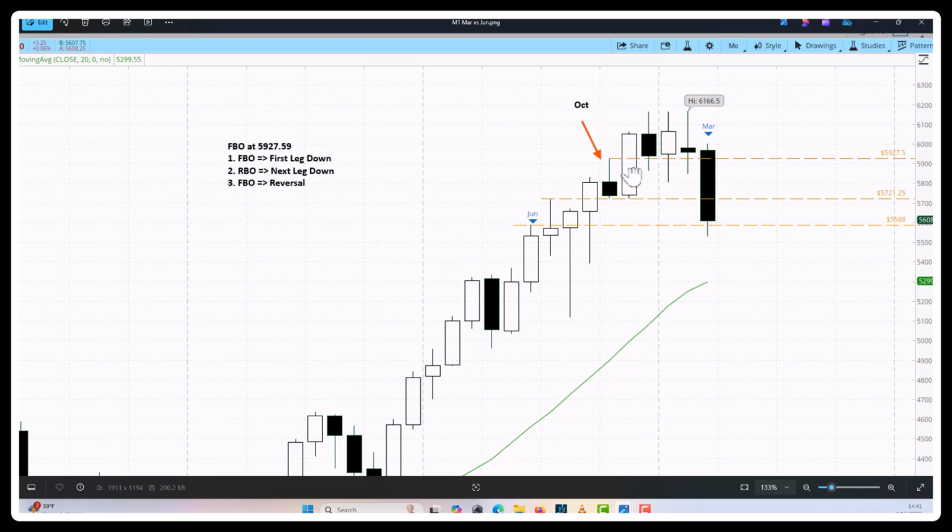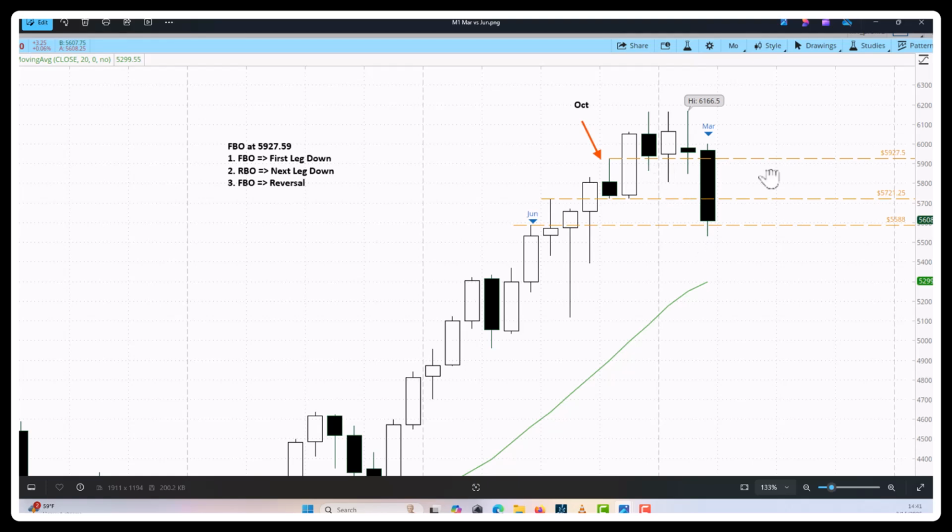That's where we pay attention and mark the level, because that's where the algo resets the direction or engineers liquidity before the next big move takes place. That's what we observe and we learn.